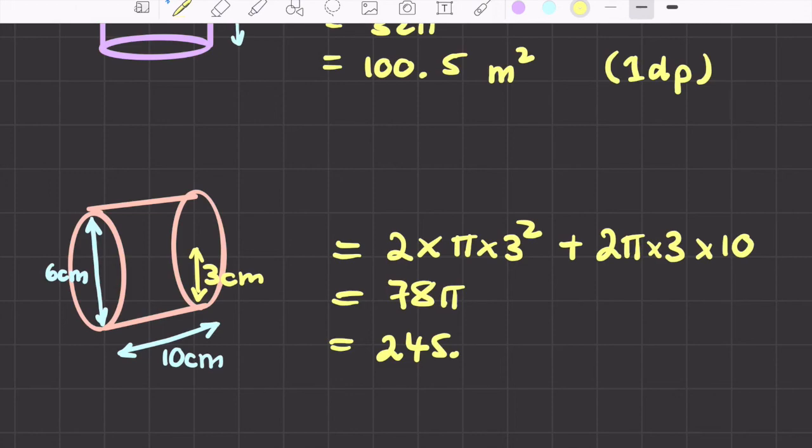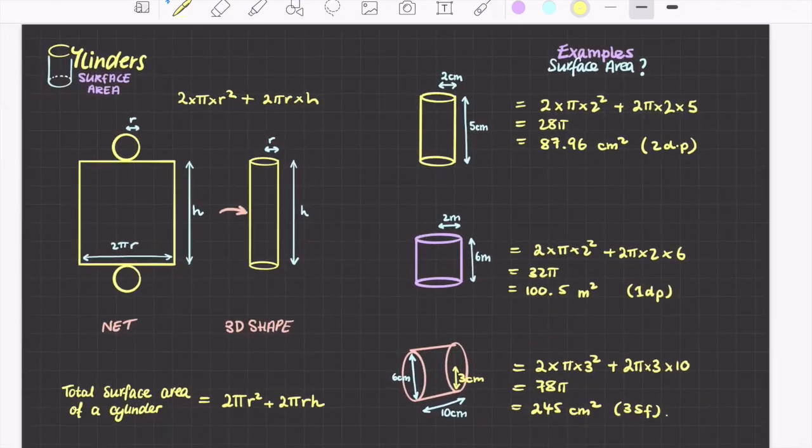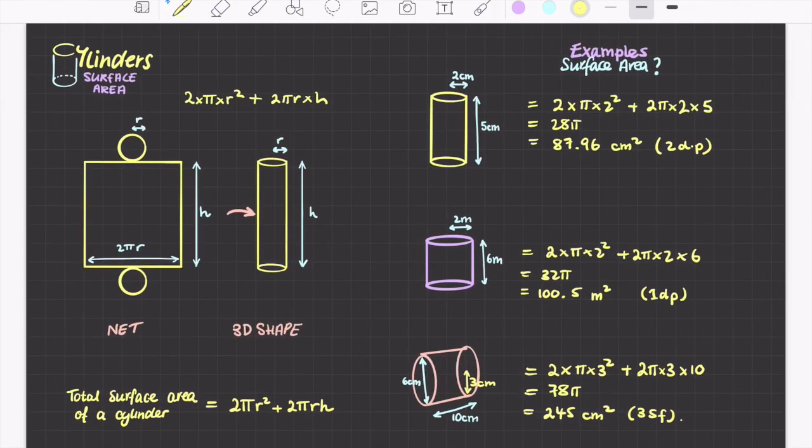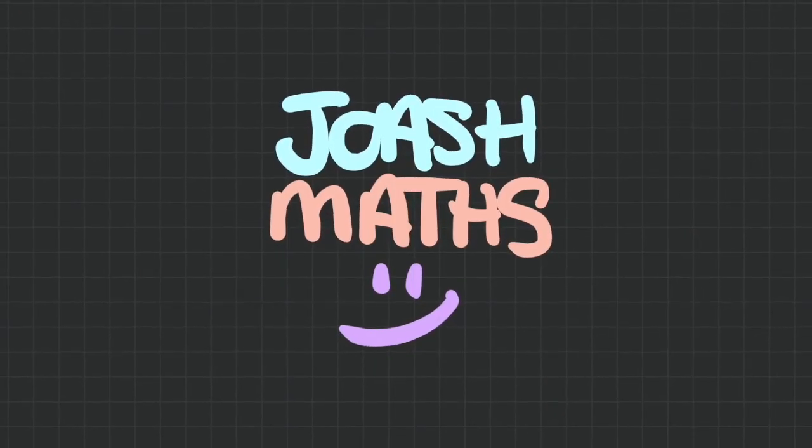In fact, actually, let's just leave it like that. 245 centimeters squared, because it's an area, and here I've rounded it to 3 significant figures. Okay, so that is a quick look at the surface area of a cylinder. Joash Maths.